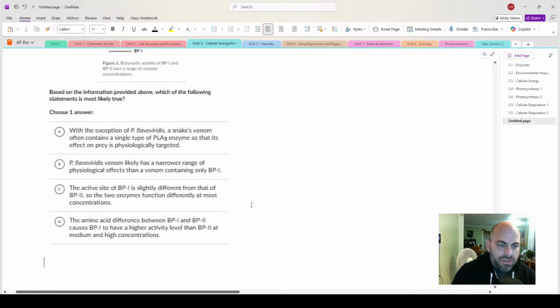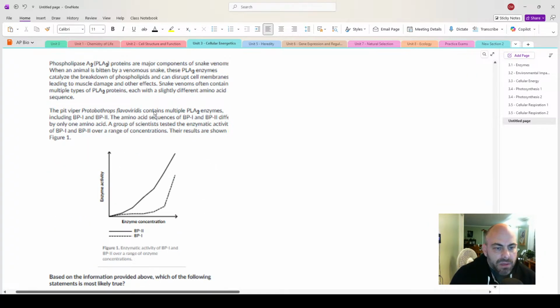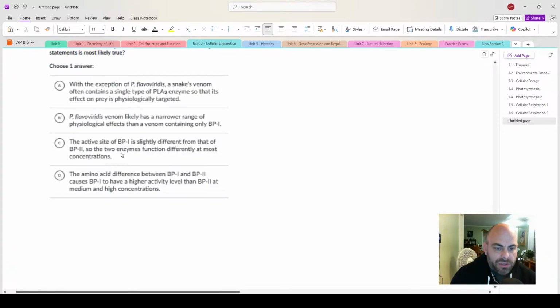Again, it's so funny. You could probably just read the bolded question and then the answers and not even read all this about venoms and Protobothrops and all this stuff. And this is just a true sentence.